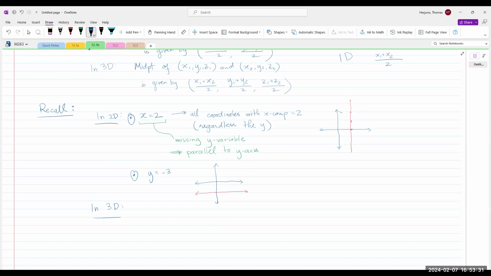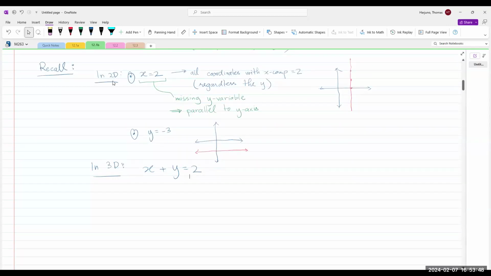In 3 dimensions, okay? How do we graph, for example, x plus y equals 2 in 3 dimensions? The way we imagine that is the following.